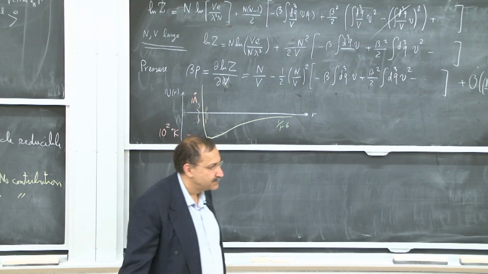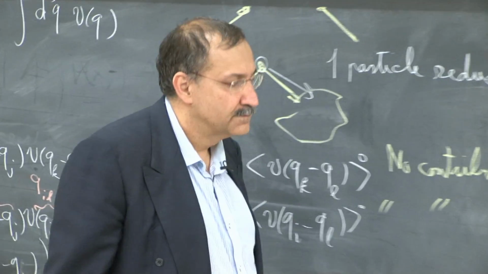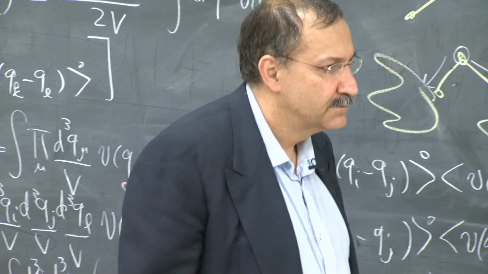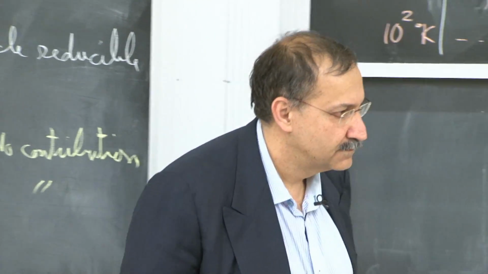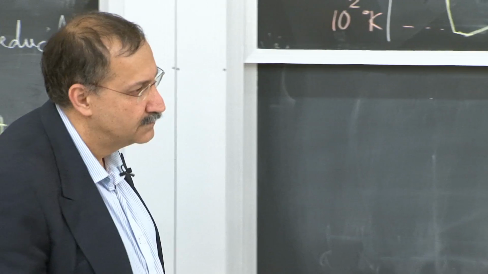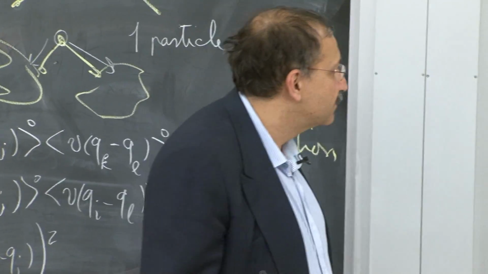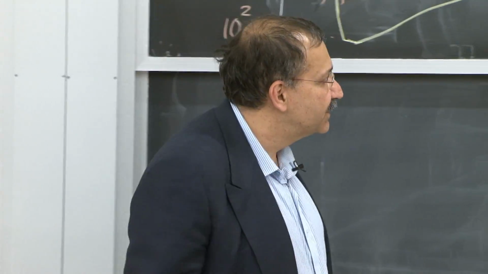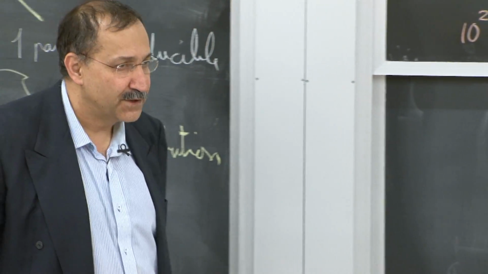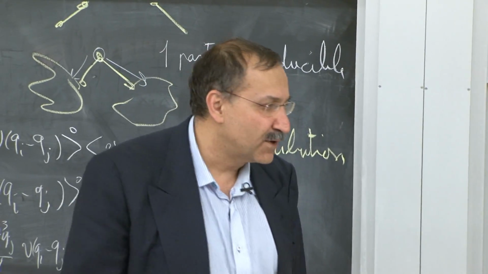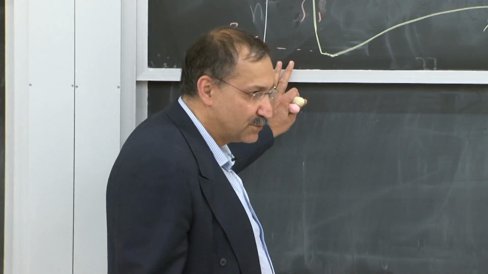Yes? If you're modeling the interatomic or intermolecular potential as a Lennard-Jones potential, isn't the repulsion term at or near the origin a phenomenological choice? If you are using the Lennard-Jones potential as a formula for this, people phenomenologically write something like 1 over r to the 12th power, etc. But I don't have to assume that.